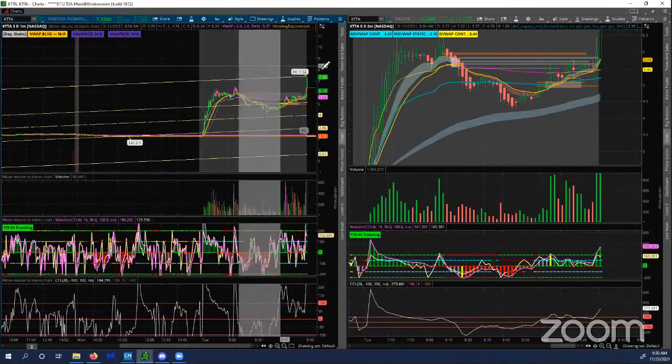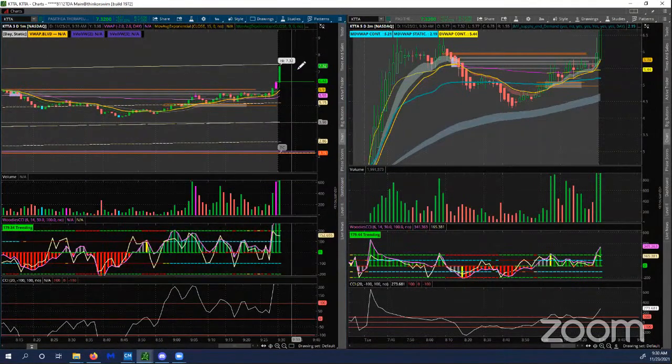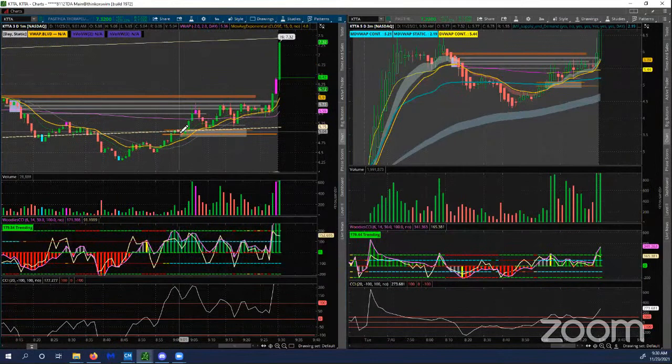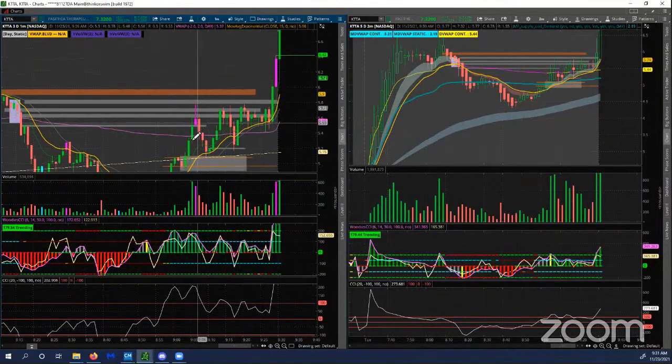Nice job. So you see, Stone, how using supply and demand first, that's my strategy, supply and demand. Everything else is confirmation. So looking for those levels, looking for confirmation. And if you're nervous about looking at all this, go over to the Heikin-Ashi chart and look how clean that is.